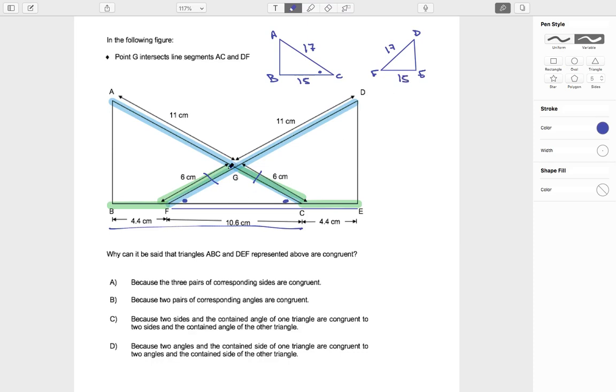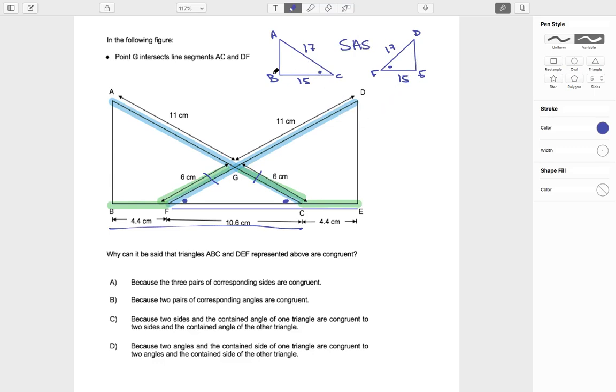Because of that internal isosceles triangle, we know that this angle is also the same. So look, we got a side, a contained angle, and a side. So by SAS, these two triangles are exactly the same.